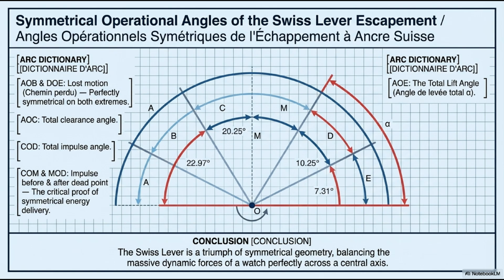The conclusion: the Swiss lever is a triumph of symmetrical geometry, balancing the massive dynamic forces of a watch perfectly across a central axis. Every angular interval on the left of the dead point has a corresponding interval on the right. Bilateral symmetry about the balance's equilibrium position.